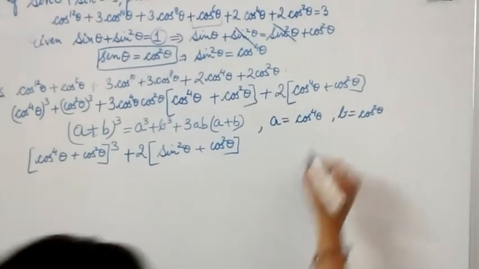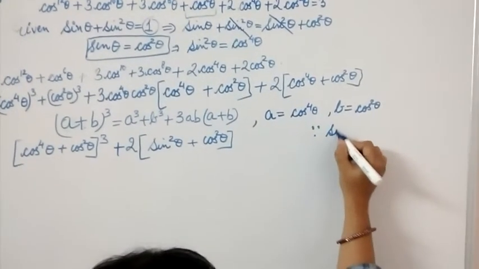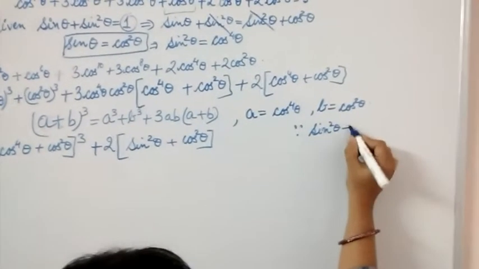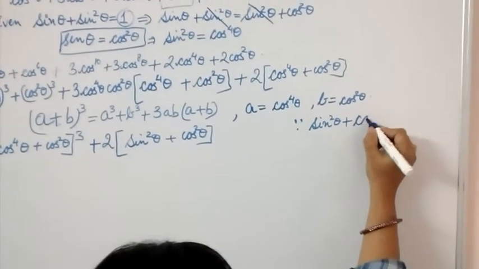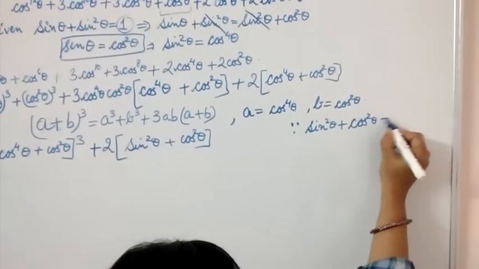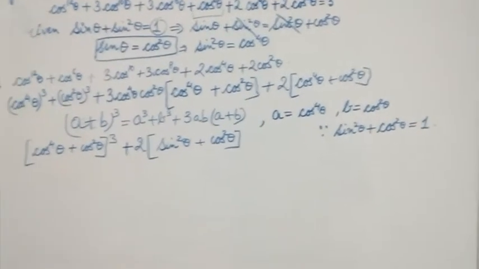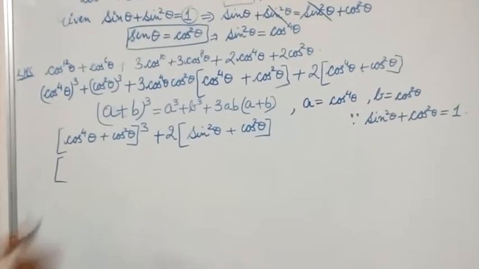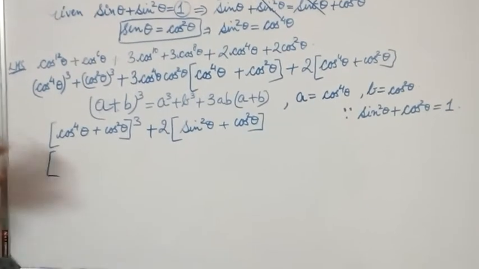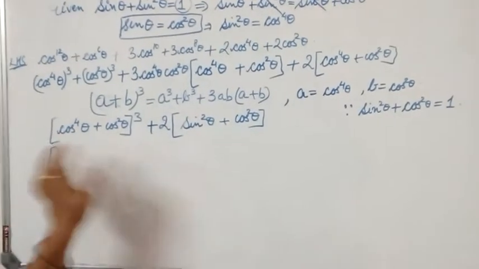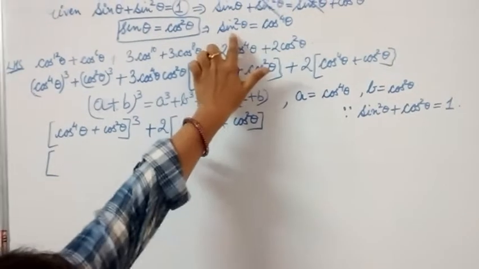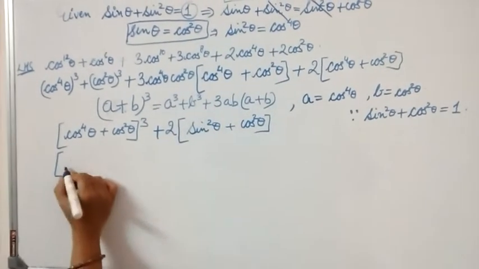Now since we know cos square theta plus sine square theta, or I can say sine square theta plus cos square theta, the very first identity, is equal to 1, I'm going to replace this with 1 in the next step. So here again, as you are seeing, cos to the power 4 theta is equal to sine square theta. So I'm going to replace this.